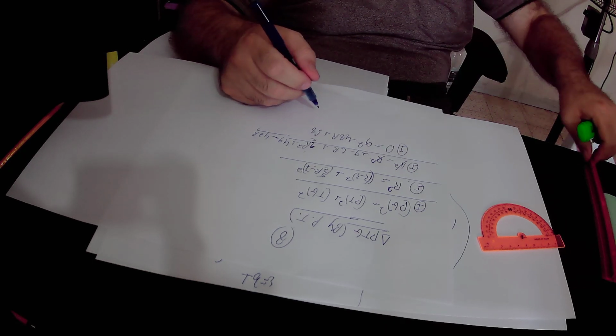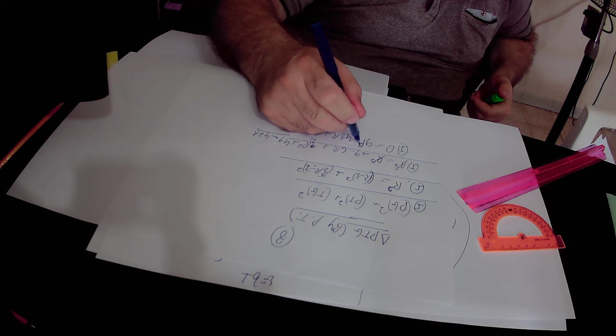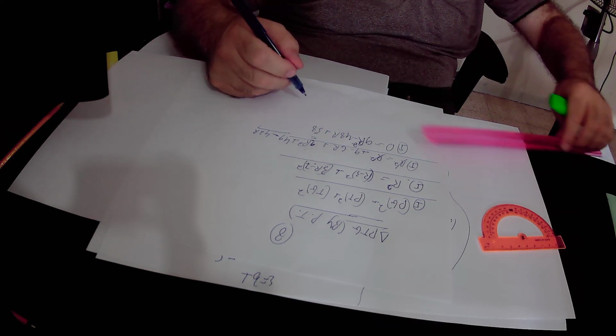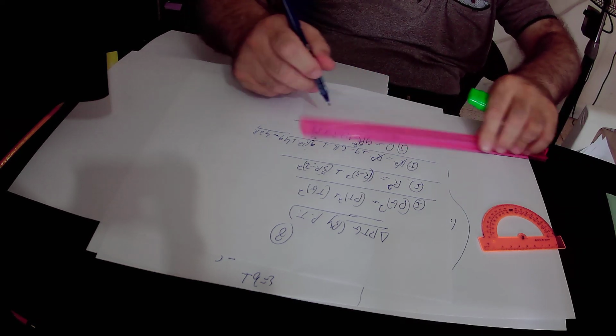So in conclusion, we found out that 9R square minus 48R plus 58 equals 0.